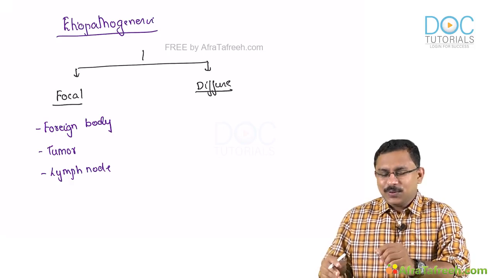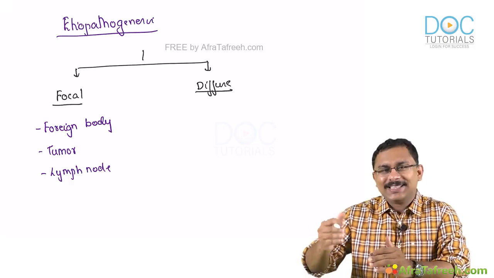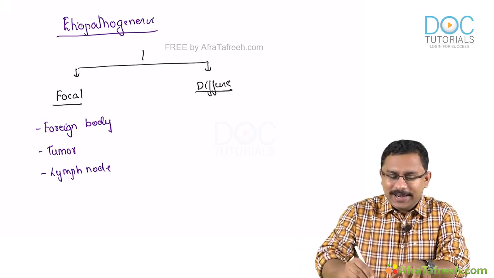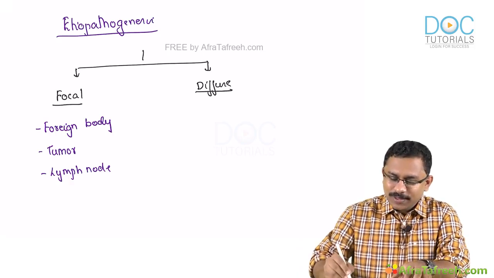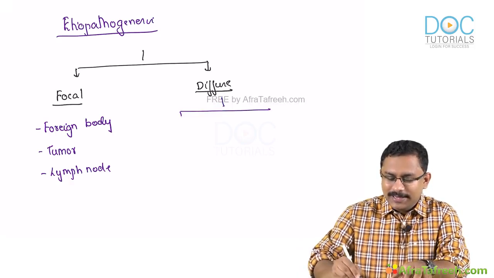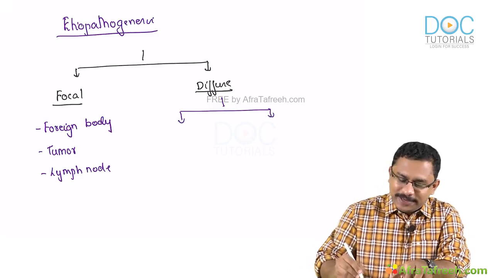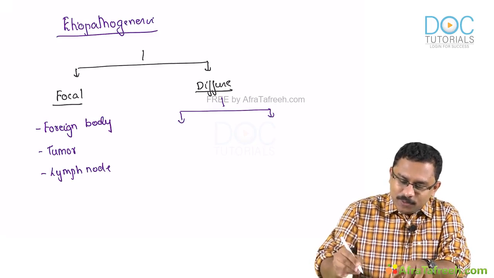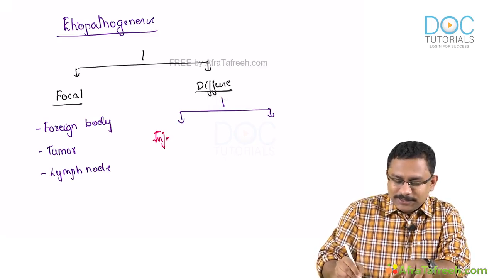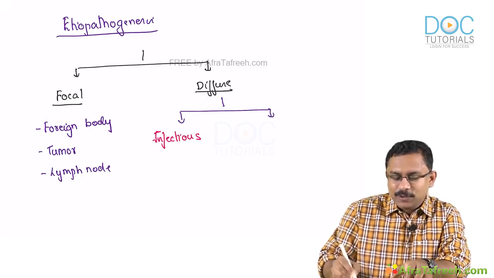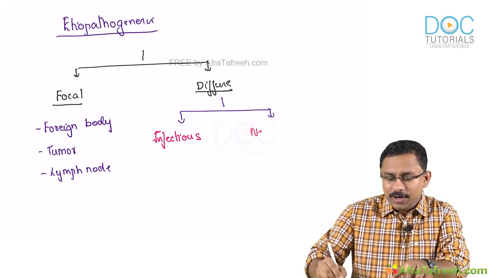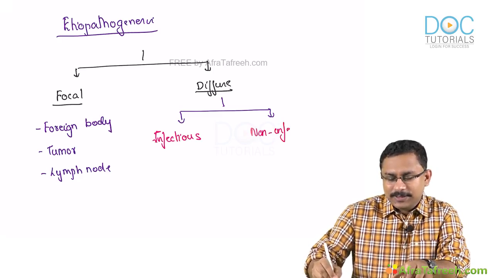When you discuss diffuse bronchiectasis, you can again divide it into two: it could be due to infectious causes or non-infectious causes.